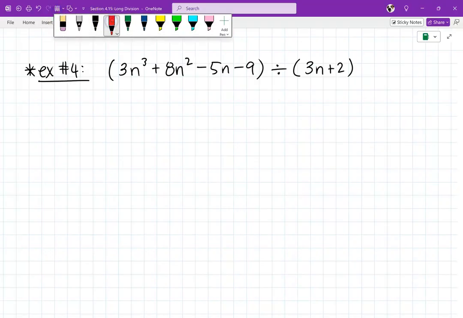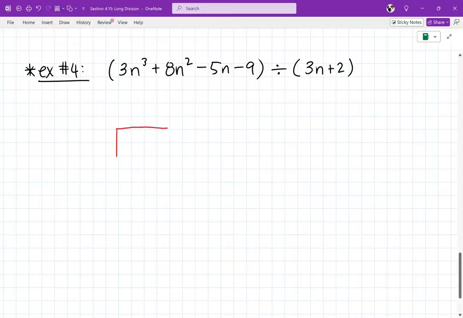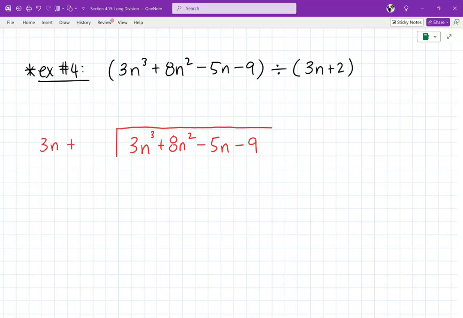So remember, you're going to want to build that little house here where your big expression, 3n cubed plus 8n squared minus 5n minus 9, goes inside, and on the outside would be 3n plus 2.